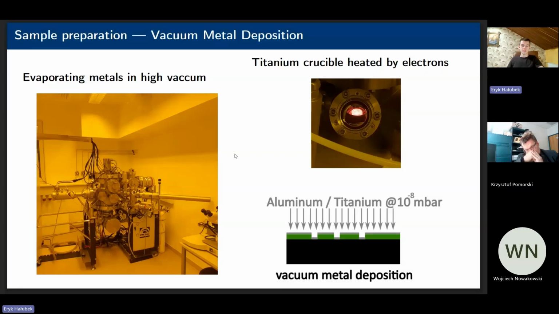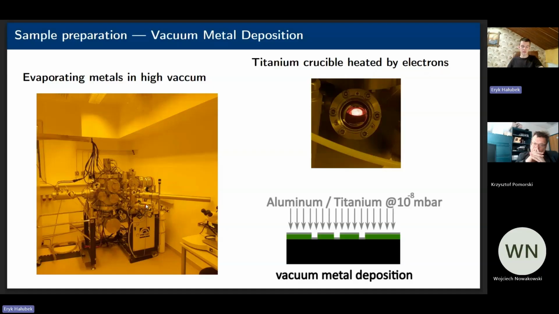And to achieve such vacuums, first you need to pump it with a normal vacuum pump to, let's say, 10 to minus 2 millibars, and then you use turbomolecular pumps that are present here.